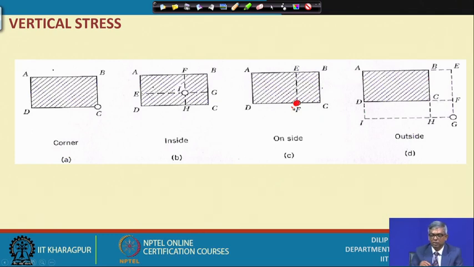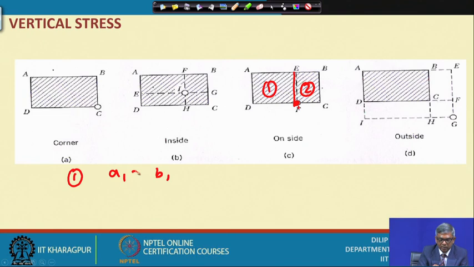Then what will I do? I will draw a line parallel to the edges and passing through this point, and it divides the footing into 2 parts, 1 and 2. Then for 1, I will find out A1, B1, M1, N1, and delta sigma 1 from the equation.